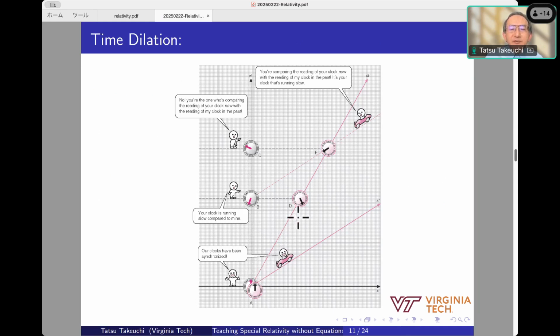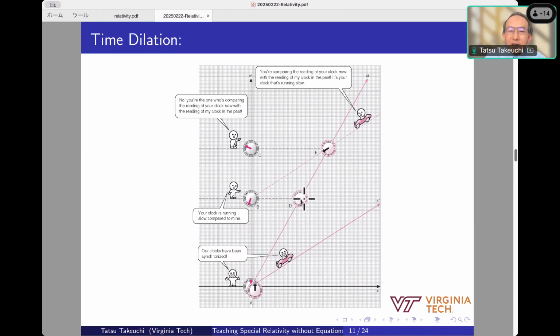And as they move away from each other, when the two observers compare the readings of the clocks, they have to be compared at the same time, but what at the same time is for each observer will be different. For instance, when the ground frame observer is looking at the reading of the clock at B, naturally the reading of this clock will be compared with the reading of the other clock at this space-time point, because point B and point D are at the same time in the rest frame, in the ground frame.